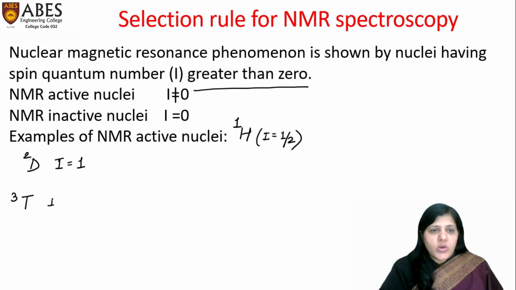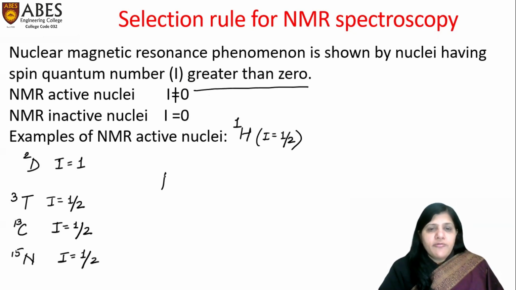Tritium has spin quantum number value 1/2. Carbon-13 has spin quantum number value 1/2. Nitrogen-15 has I value 1/2. Fluorine-19 is again NMR active and it has I value of 1/2. These are some common magnetically active nuclei with spin quantum number value I greater than 0, and they show nuclear magnetic resonance phenomenon.